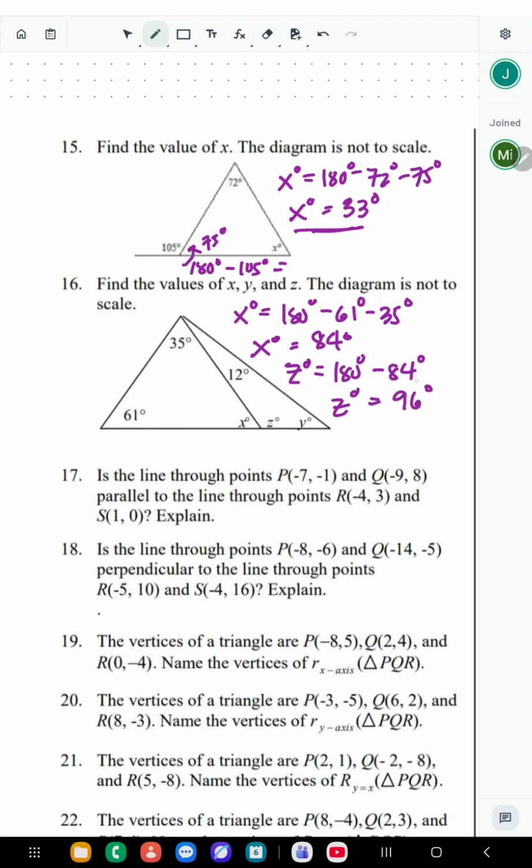Okay, and then now we can solve for y. So y here is just equal to 180 degrees minus 12 degrees minus z, which is 96 degrees. 180 minus 12 minus 96. So this is 72 degrees.